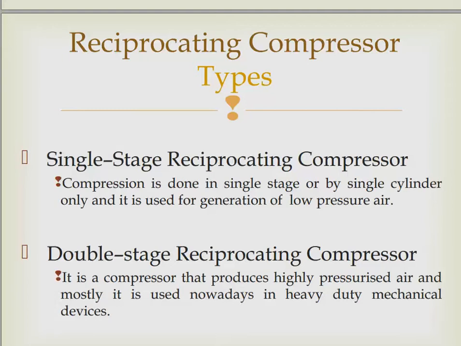In the single stage, the compression is done in a single stage or by a single cylinder. It will be used for generation of low pressure air. Then we will use the single stage reciprocating compressor.